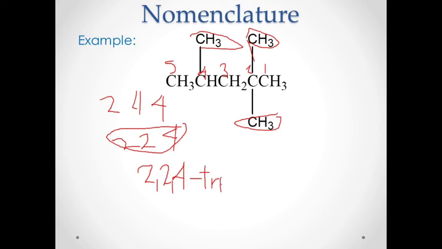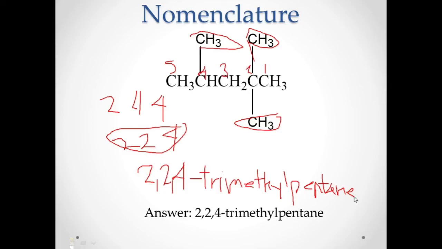So 2,2,4-trimethyl. Then the longest carbon chain is 5, so that becomes pentane. So 2,2,4-trimethylpentane. So the answer is this one.